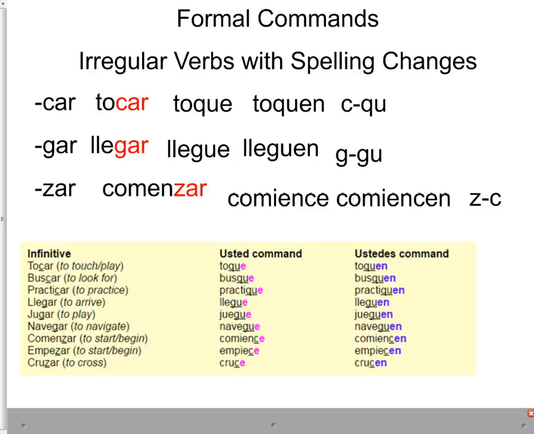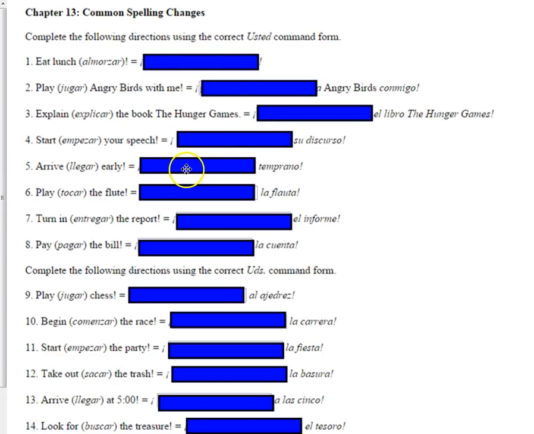Bueno, so what you're going to do is go through and complete this actual practice here. And this practice is actually super easy cheesy. It says we're going to use the usted command form. So not the ustedes, but just the usted. And what we're going to remember is what kind of verb is it? It's almorzar. It's a zar verb.